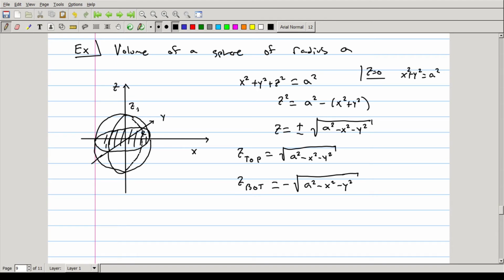This is the top of xy, and this is the bottom of xy.